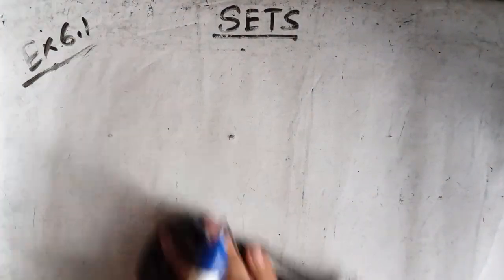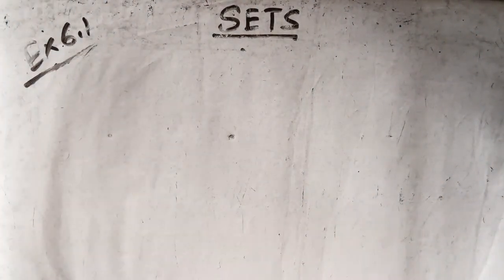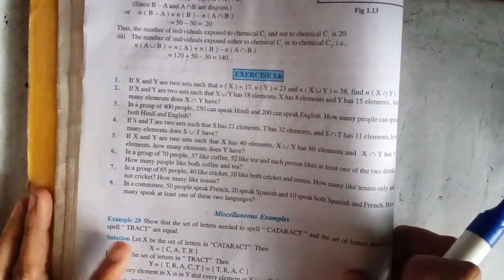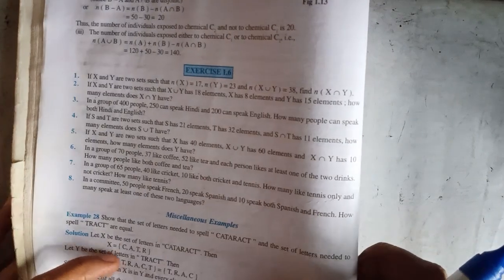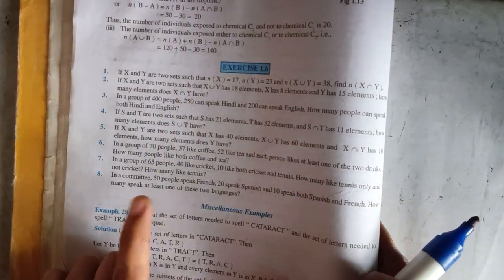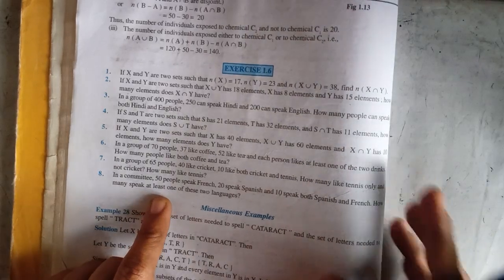Last question, question number 8. In a committee, 50 people speak French, 20 speak Spanish, 10 speak both Spanish and French. How many speak at least one of these two languages? At least means you have to find the union.